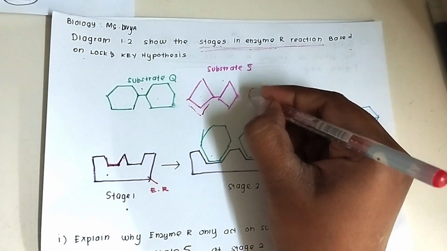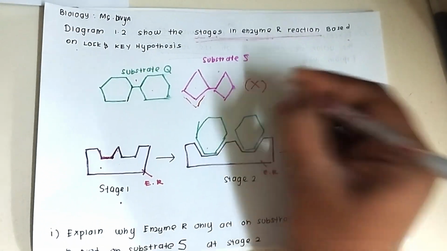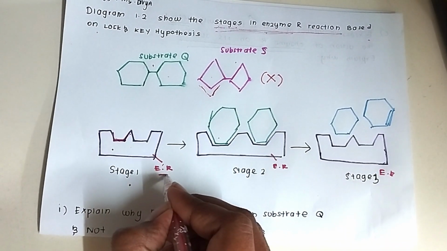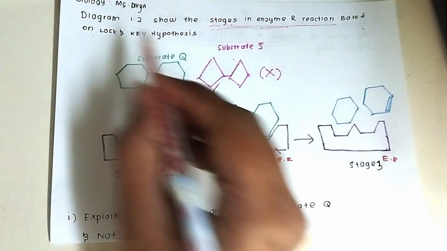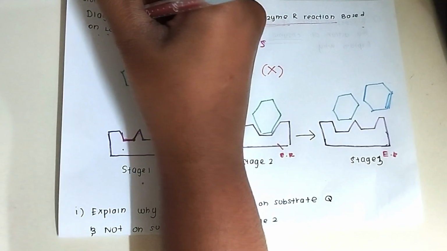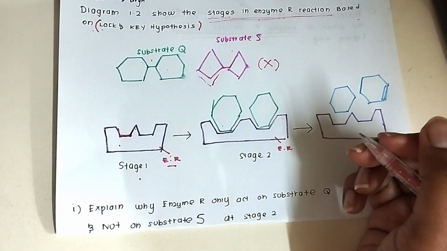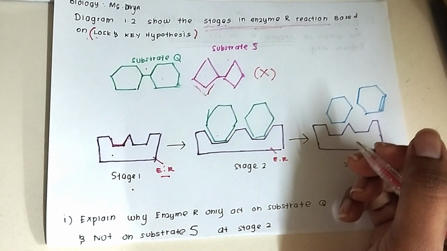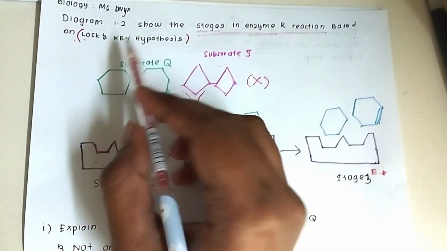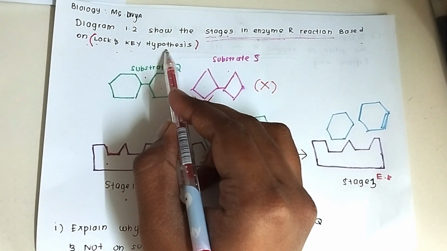No, they are not. So they are not compatible with enzyme R. This hypothesis is known as the lock and key hypothesis. In exams they will ask what this hypothesis is, then you should mention that it is the lock and key hypothesis.